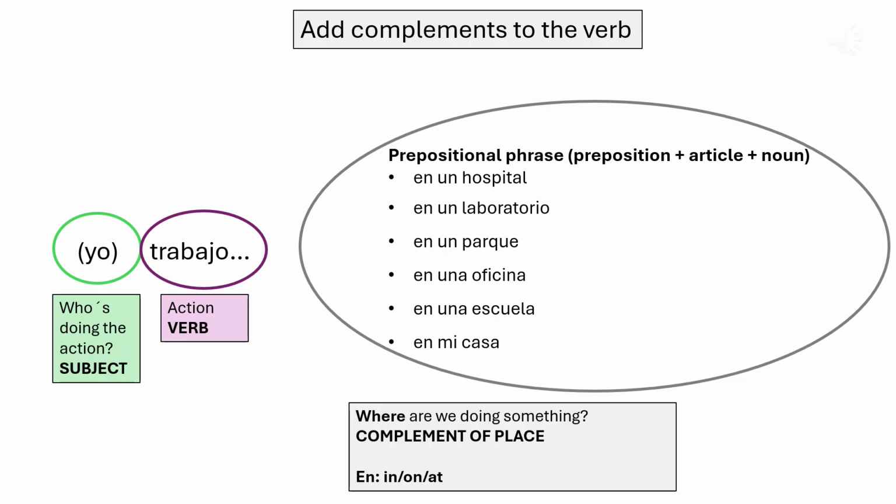I'm going to run them together, and that's going to be en un hospital. And also you can link the final o of the word trabajo with the beginning of the preposition en. So you got o and e together. You also run those two together a little bit.